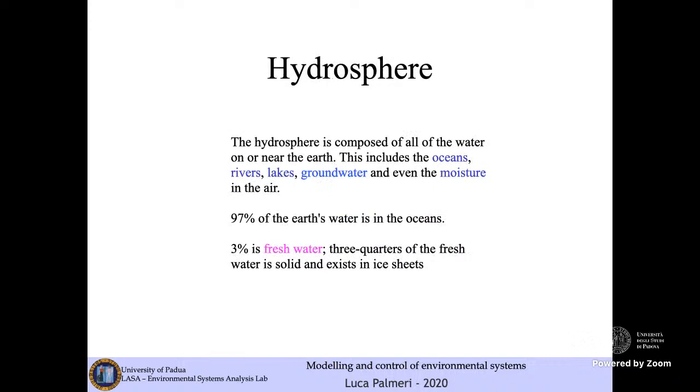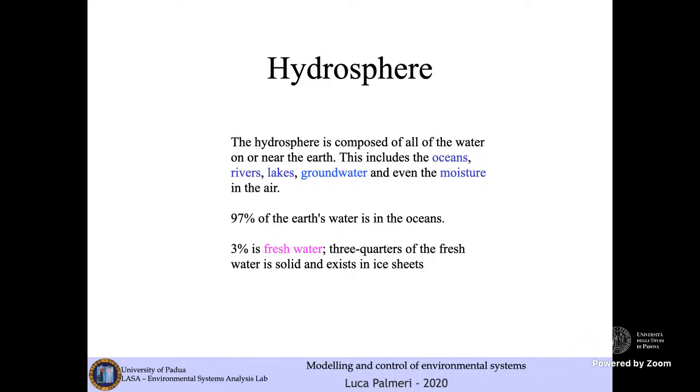The hydrosphere is composed of all of the water on or near the Earth. These include, of course, oceans, rivers, lakes, and groundwater. That is the largest part of our planet that contains water, and even moisture in the air. As I told you, it may be seen as part of the hydrosphere, of the sphere describing the processes of water. 97% of Earth water is in the oceans.